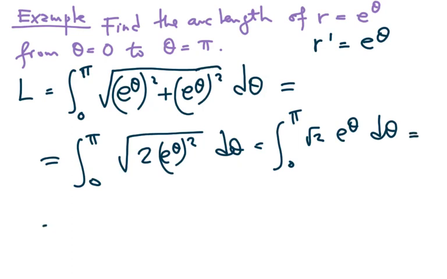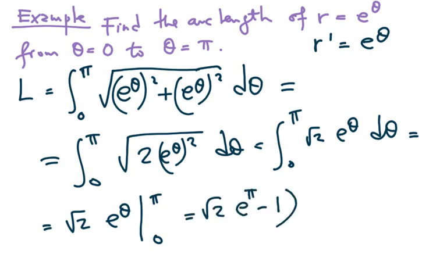And so we take the number out of the integral, and the integral of this is itself. And so we just evaluate between 0 and pi. So let's evaluate, and this will be minus e to the 0, which is 1. This is the final length of this curve.